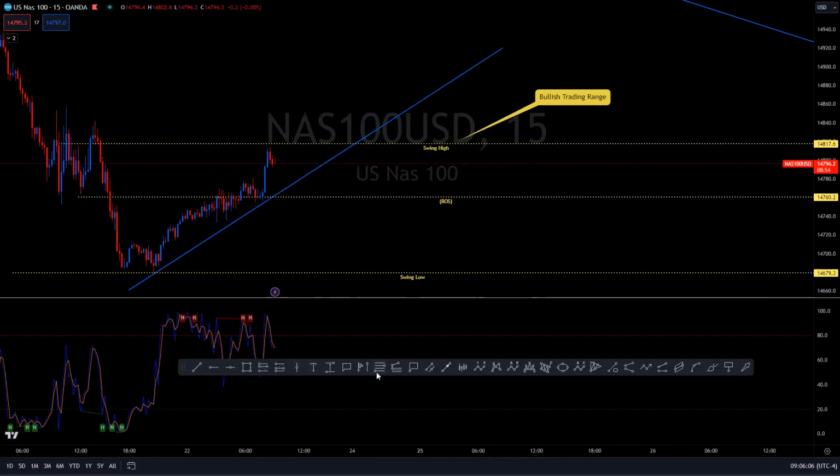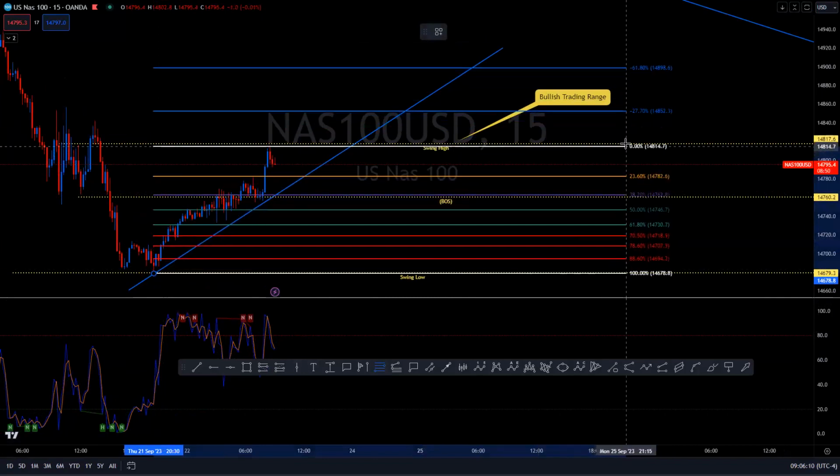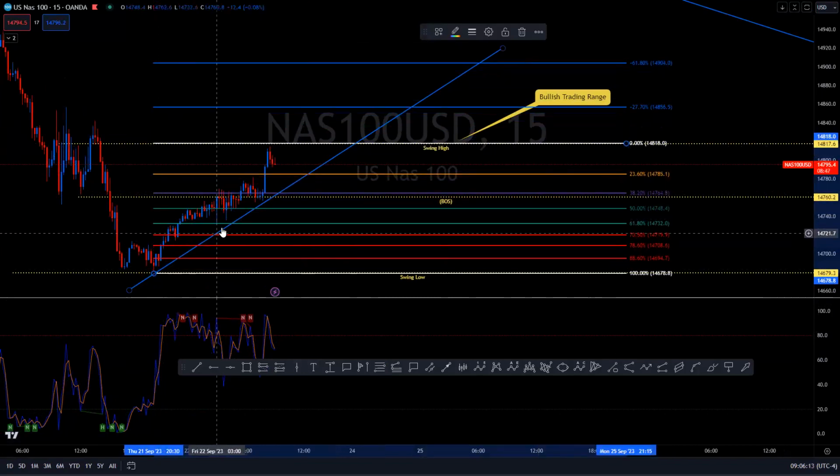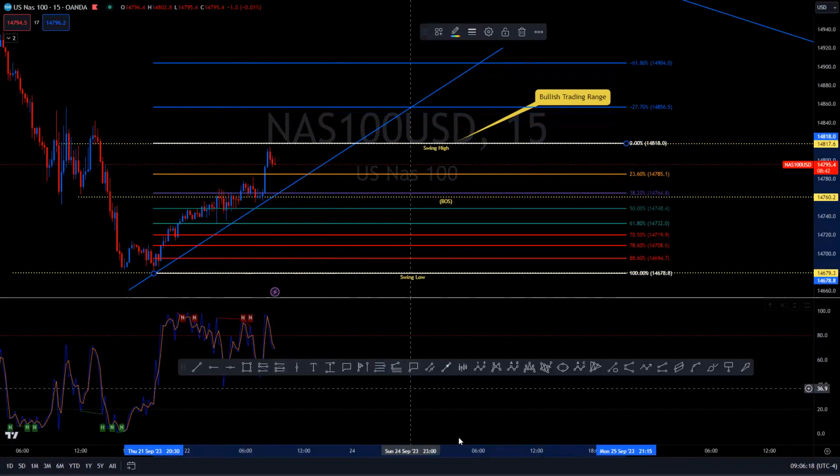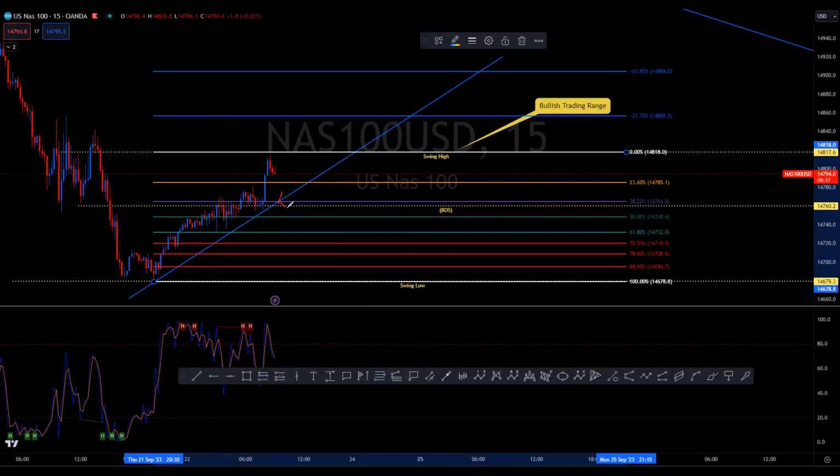Now we're going to take Fibonacci. We're going to draw from the most recent low to the most recent high. You can see that price did reject the 50% already, so it did pull back. So it's a possibility that price is probably, if anything, going to pull back maybe to the 38.20, maybe a little bit up in this area and go up.